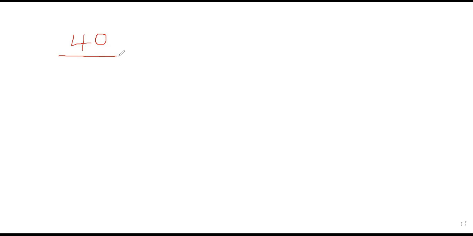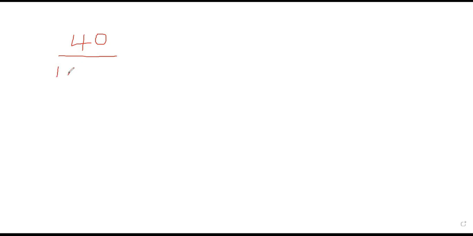Now let's look at it. Do not forget, we're always going to start with 1. Why? Because 1 is a factor of every number. 1 will divide all numbers without a remainder.